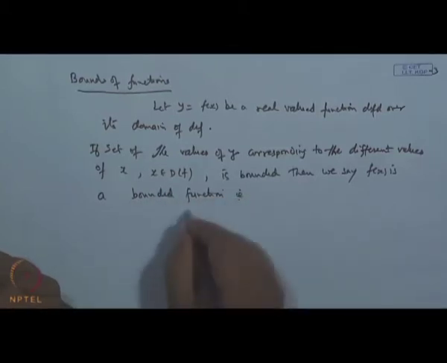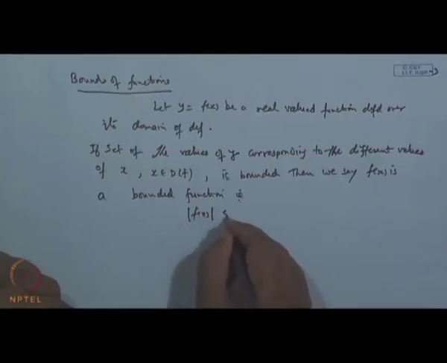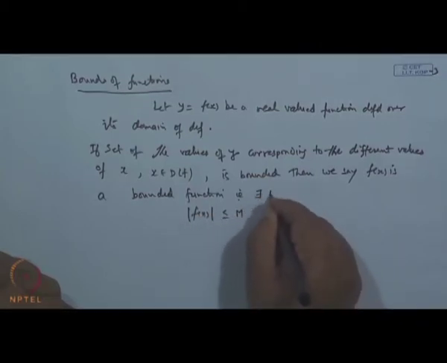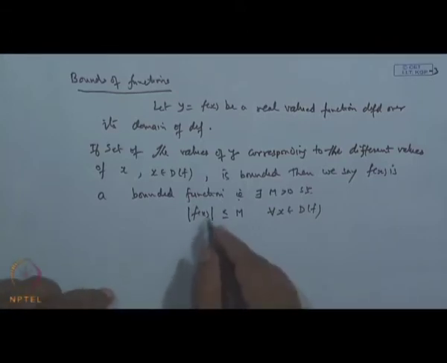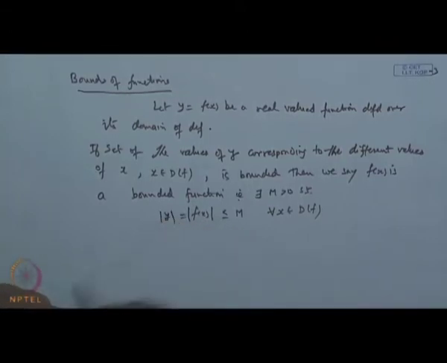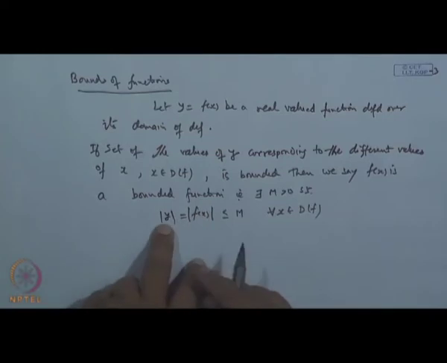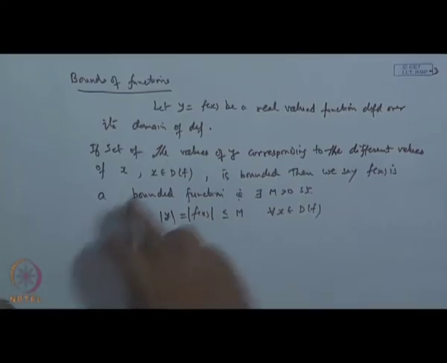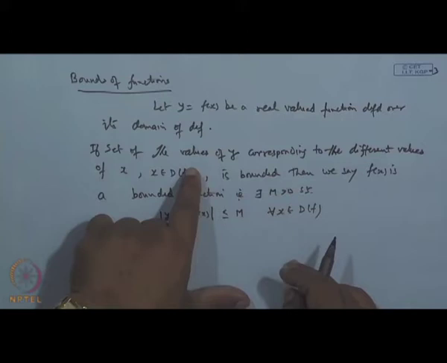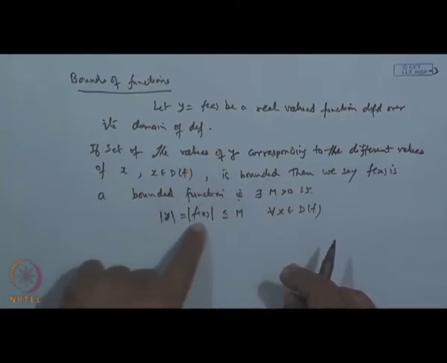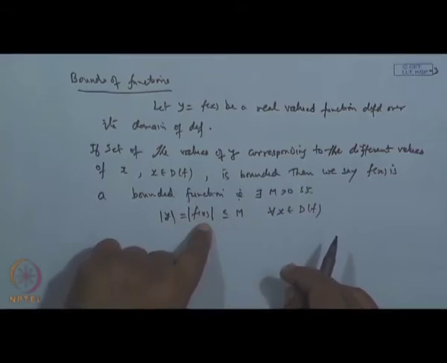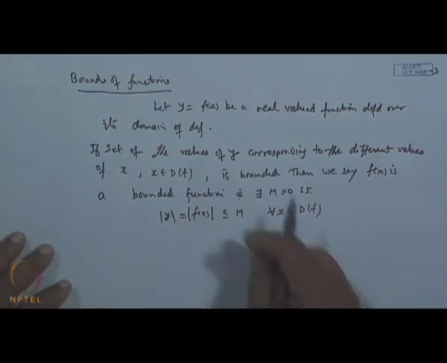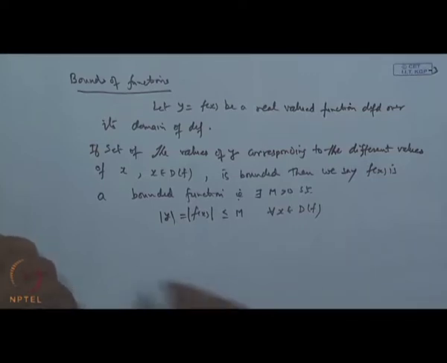It means that |f(x)| is less than or equal to some constant, that is, there exists some M greater than 0 such that this is true for all x belonging to the domain of f. What is f(x)? f(x) is y, basically the value of f at the point x. So, if the set of all values of f(x) is a bounded set, then we say the function f is a bounded function.